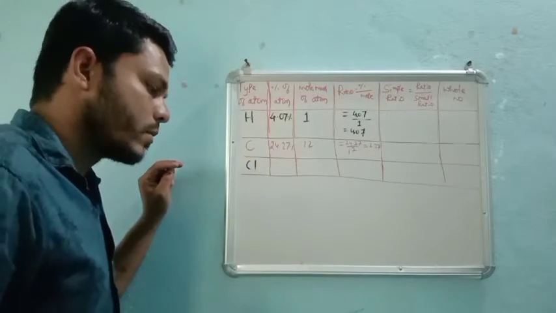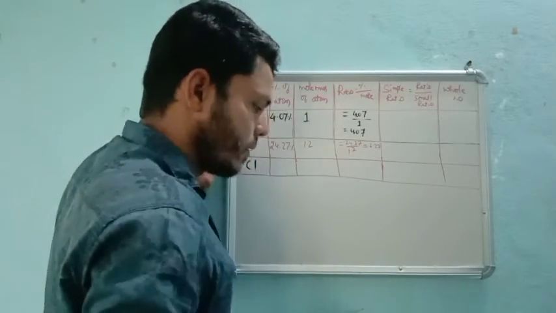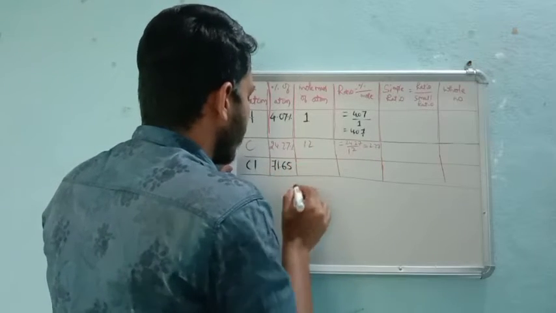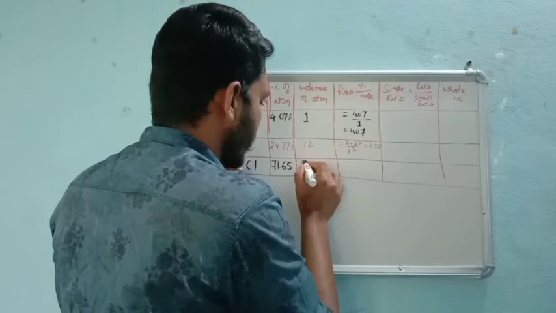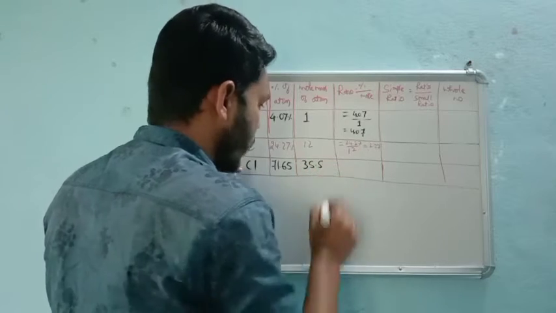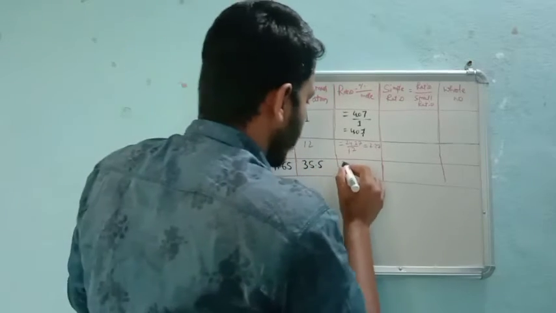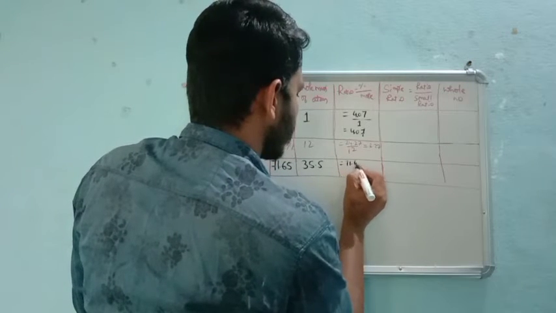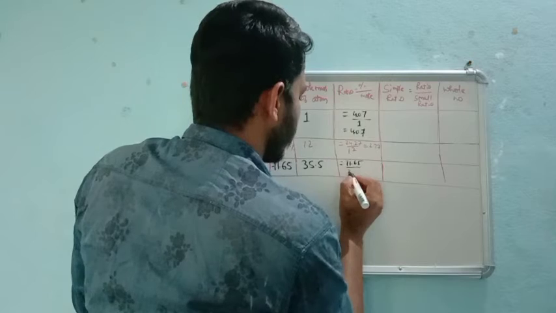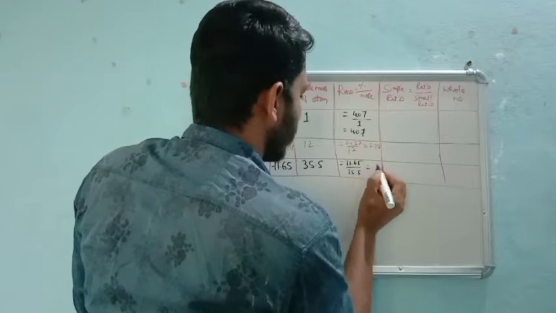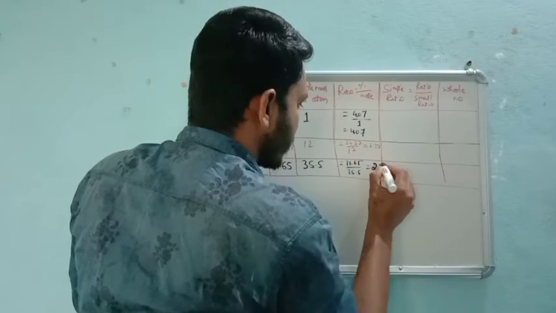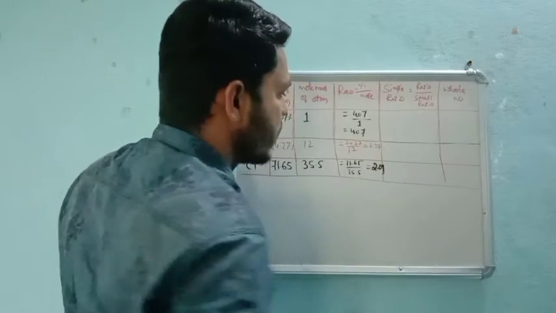Its percentage is 71.65, and its atomic mass is 35.5. If we calculate the ratio, 71.65 divided by 35.5, we will nearly get 2.01.